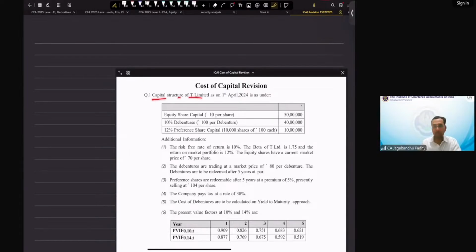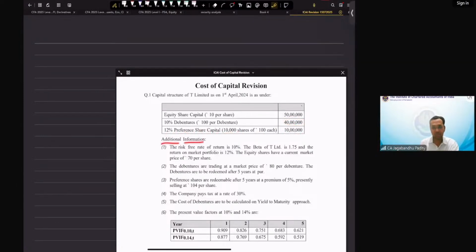The capital structure of T Limited at 1st April 2024 is as under: equity share capital 50 lakhs, 10% debentures with the face value of 100 amounting to 40 lakh, 12% preference share capital, 10,000 shares of rupees 100 each amounting to 10 lakh.